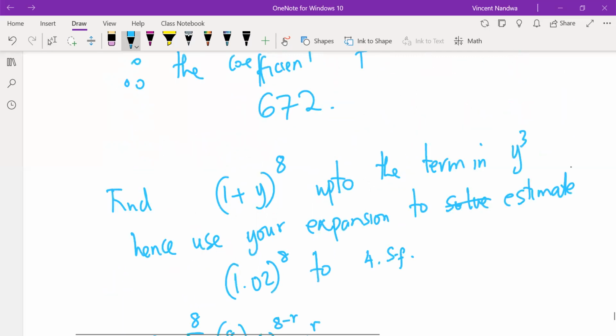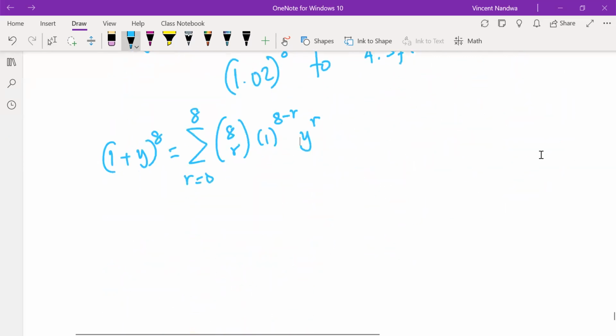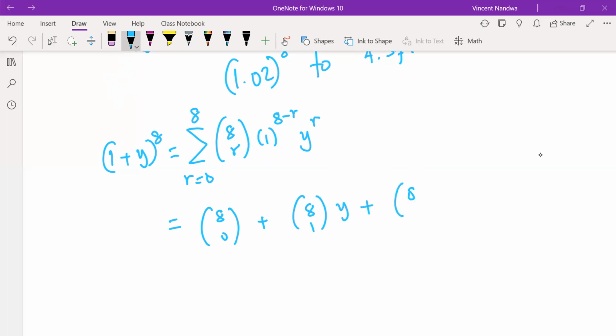If we go up to y^3, we have 8 combination 0, 1^8 which is just 1, plus 8 combination 1, y, plus 8 combination 2, y^2, plus 8 combination 3, y^3.